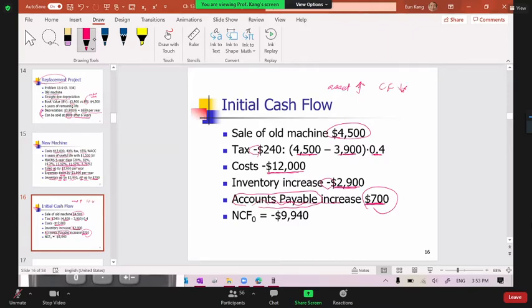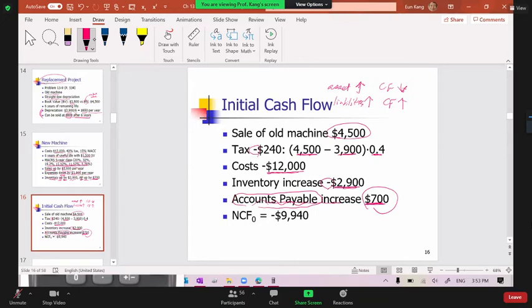But when liabilities go up, cash flow goes up, right? Because if you increase accounts payable, then what? You are not paying cash, right? You're saving cash. So what? A positive cash flow, right? Rather than paying cash, you promise to pay, right? That's what accounts payable is, right? So you're saving money, right? So that's why it is cash inflow.